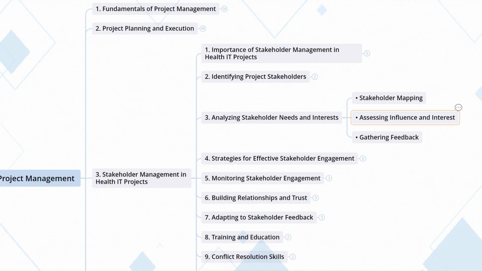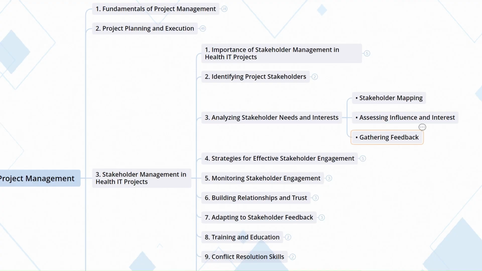Next, assessing influence and interest. Classifying stakeholders into categories such as high power, high interest, and low power, high interest, etc., provides insights into how to manage each group effectively. High power stakeholders may require more focused communication and engagement.